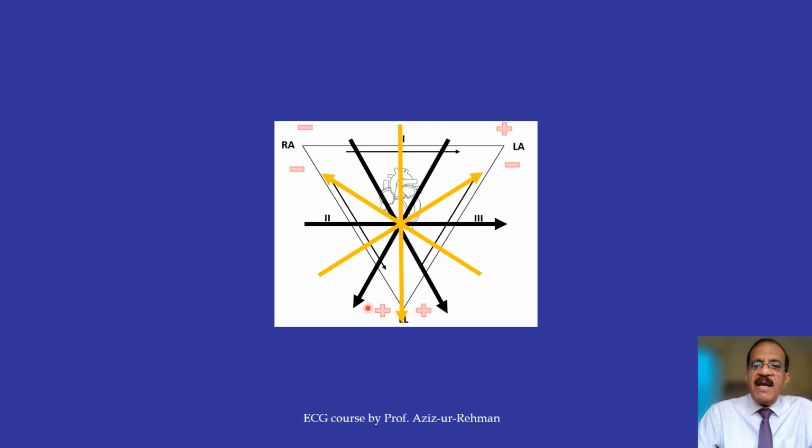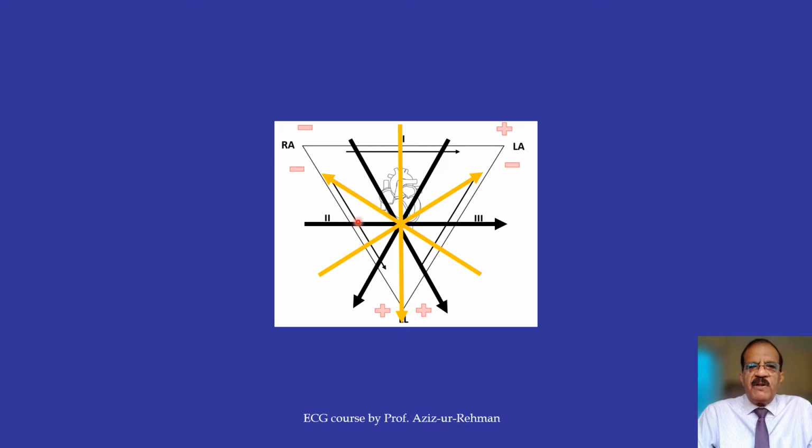But we have added three more leads into this, and they are coded yellow or orange. This is AVF because the positive terminal is the foot. This is AVL because the positive terminal is the left arm. AVL, L is left arm. And this is AVR because the terminal here is the right arm.